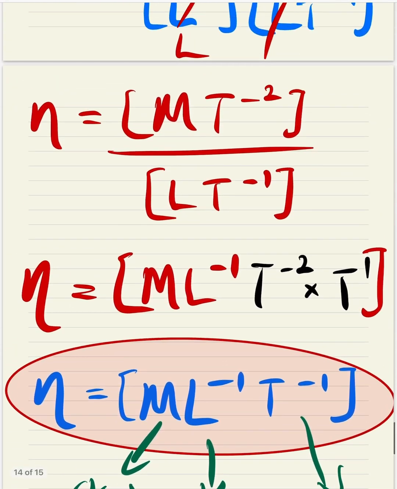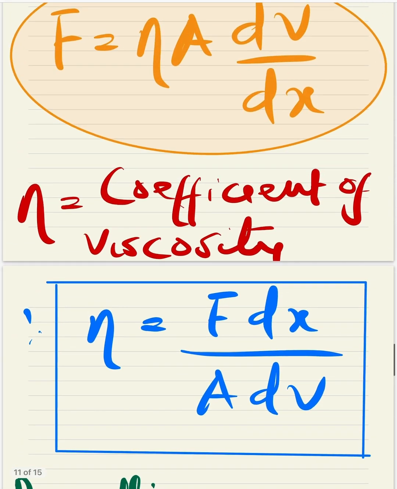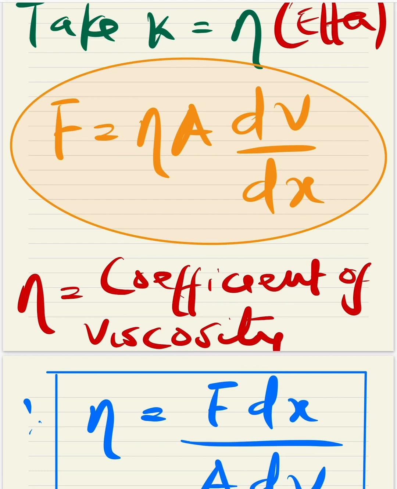Like I said, you don't have to go through all this process if you want to solve it. The only thing to do is to remember this. Once you remember that, you know you are looking for, oh, I want to use coefficient of viscosity, and I know the formula for viscous force that connects the area, the velocity gradient together, and then the coefficient of viscosity as well. Come up with this formula immediately.